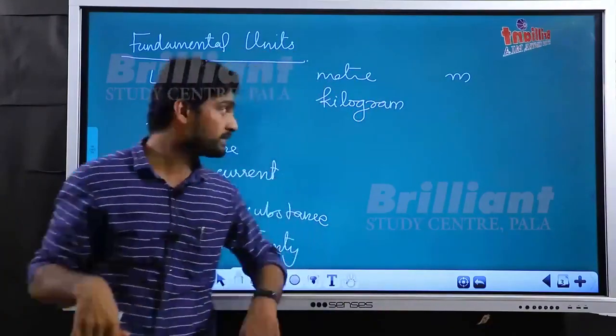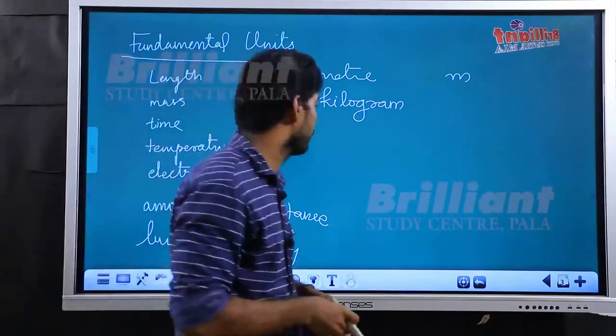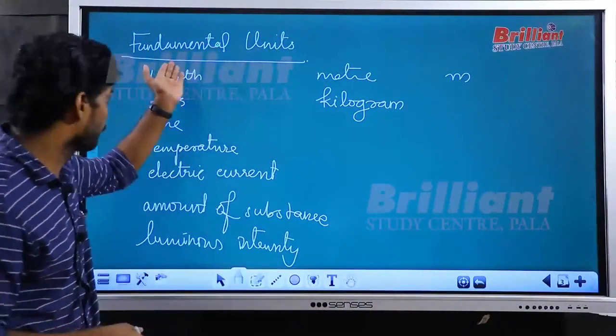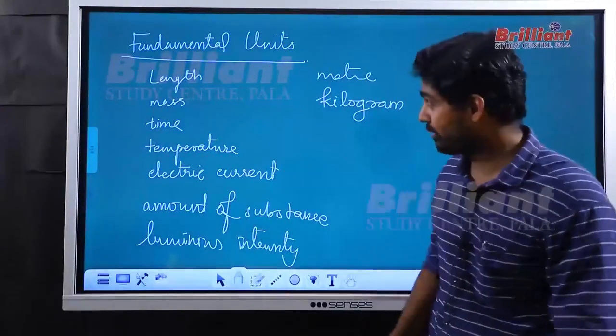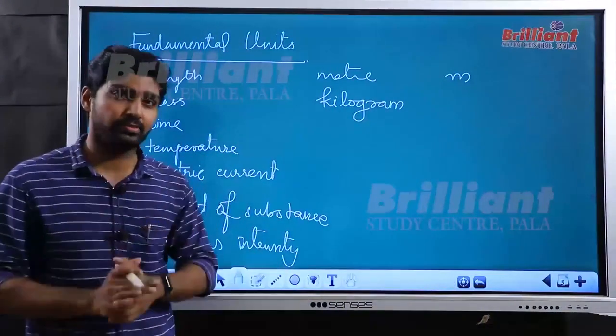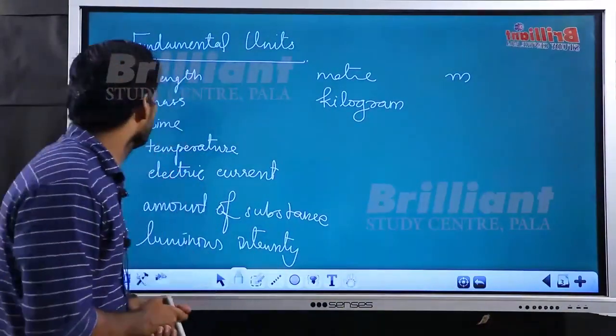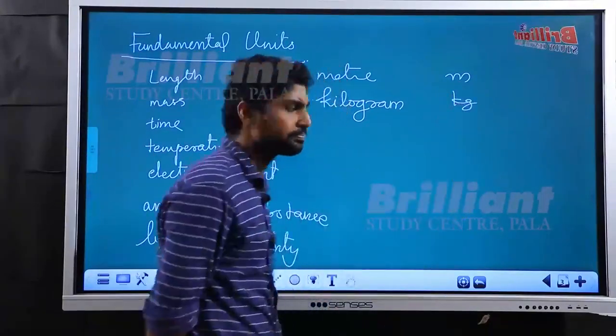There are other units to mass like gram or milligram, or other units to length like centimeters or kilometers. And why we have specifically used meter and kilogram, we'll discuss a little later. The symbol of kilogram is kg.